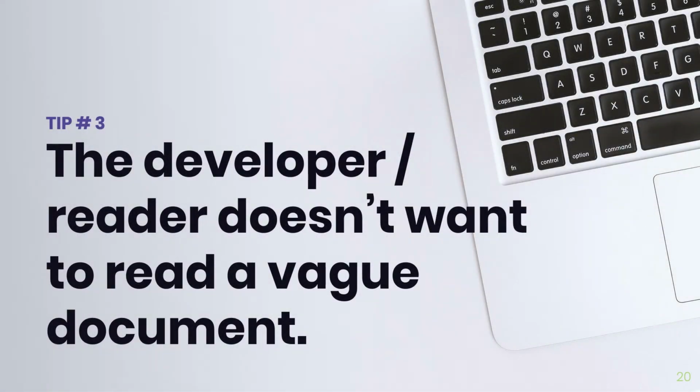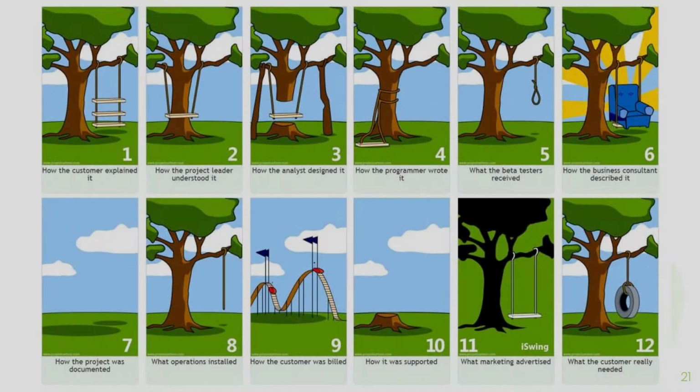The third tip would be the developer or reader doesn't want to read a vague document. Are you familiar with the stories where the information changes as it passes through different people? This is actually a good analogy. I'm not sure if you're familiar with this image, but this is a famous analogy.